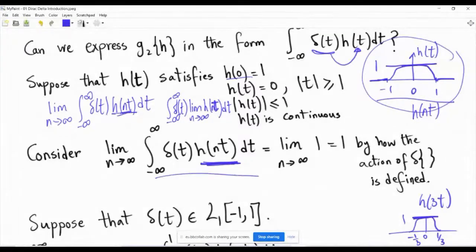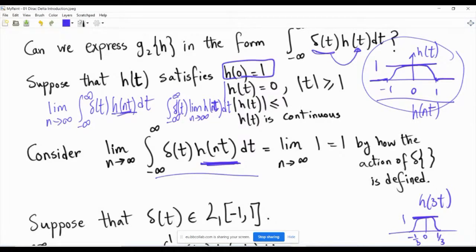Now, if you do this integration, what is the result? By definition, we are trying to construct something such that when we integrate delta of t with h of nt, it will give us the value of the function at the origin. Now this function is designed to be 1 at the origin, and if you do time scaling, the same holds.